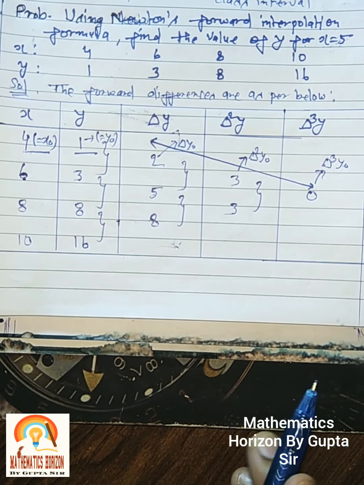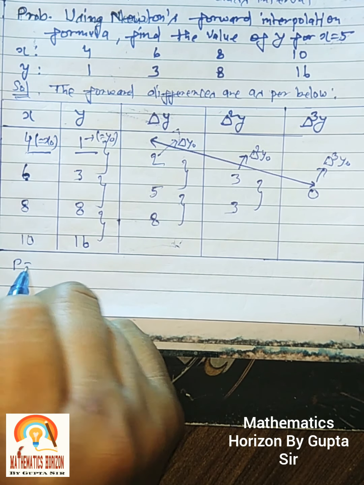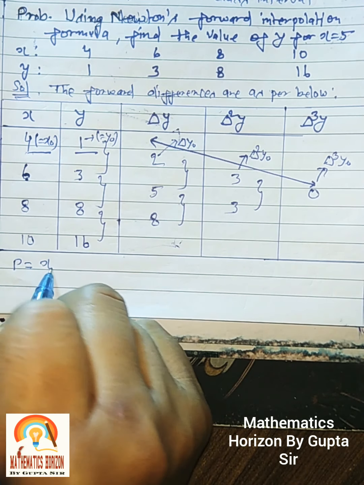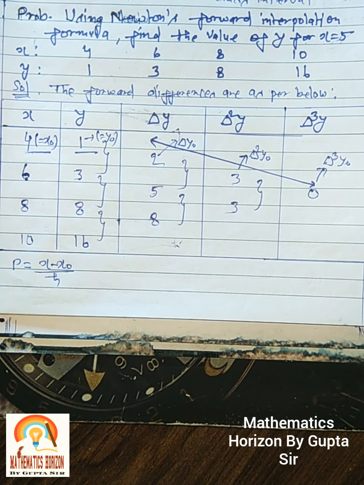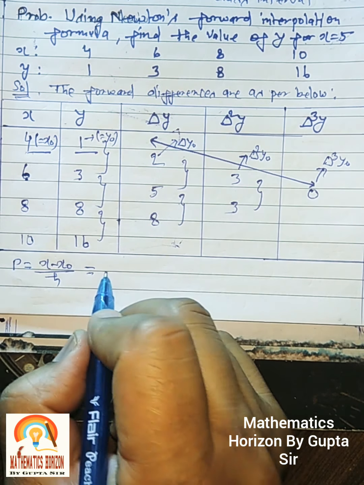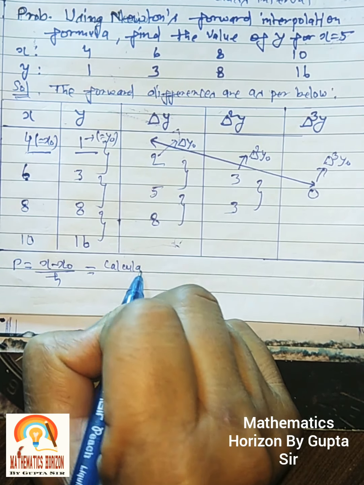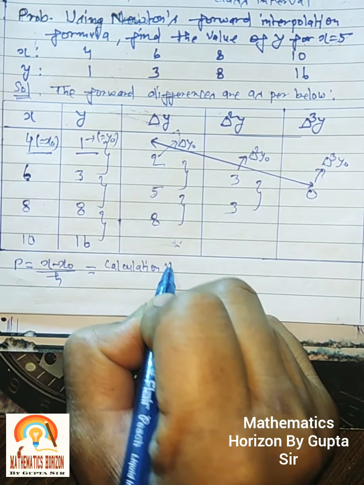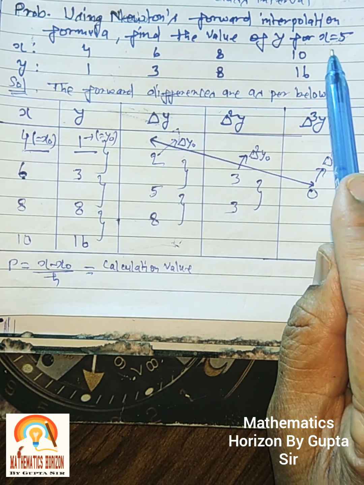Now what is p here? p is equal to x minus x0 upon h, where x is the calculation value, the value at which we have to find y.